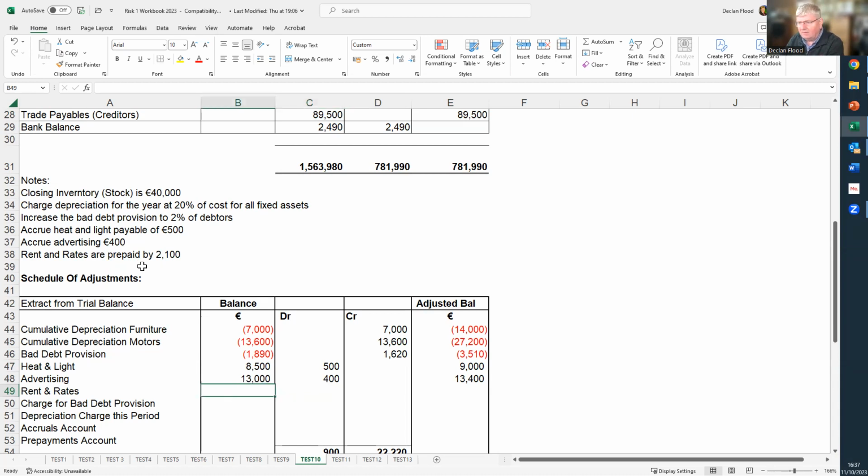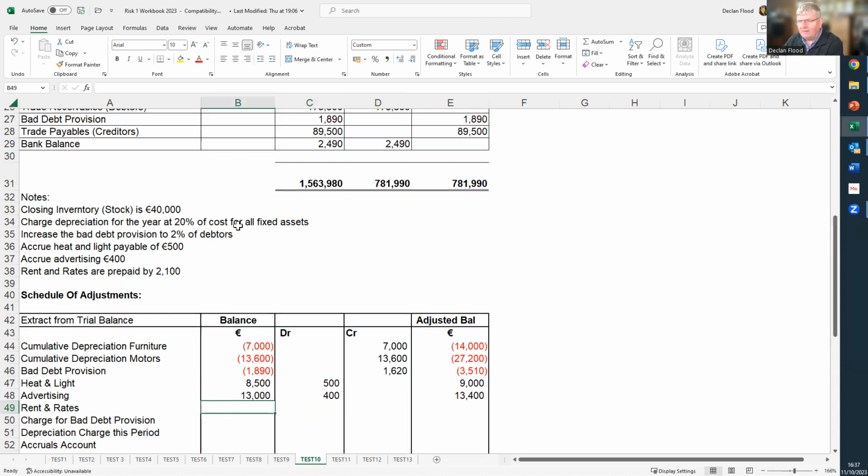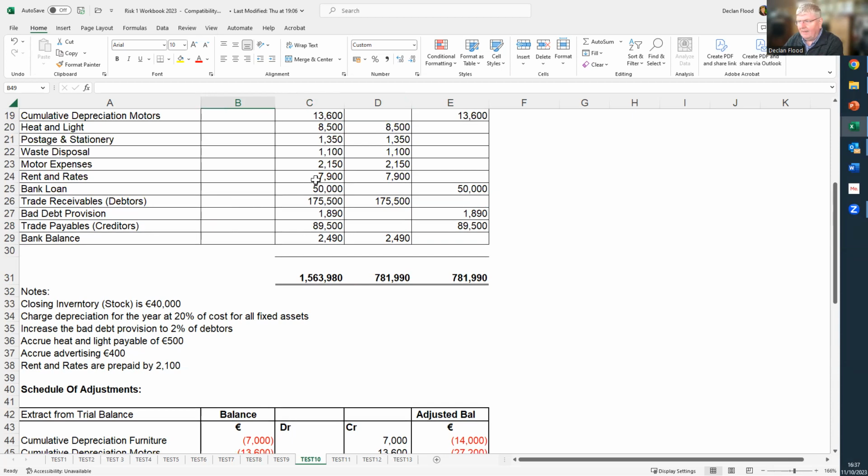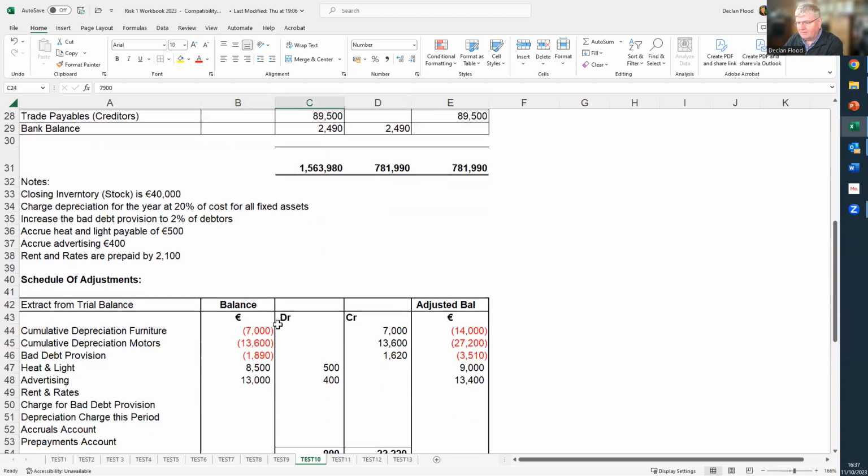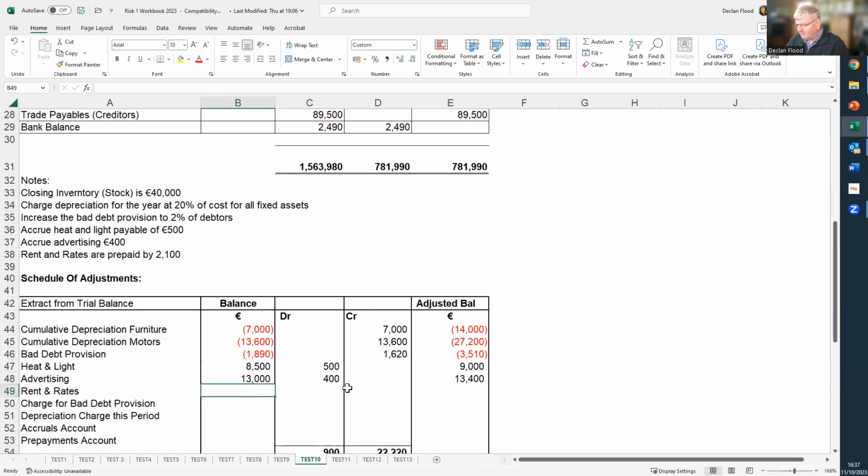So when I look at my rent and rates up here as well, it's down at 7,900. So my rent and rates is 7,900, and I've prepaid them by 2,100. So all I can record in the accounts is 5,800.